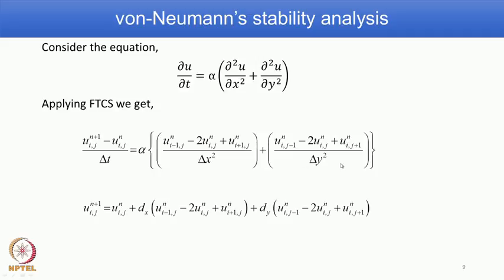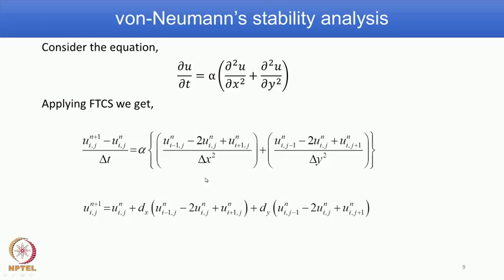Then the second term in the parenthesis is for the second derivative in the y direction, again central in space. So, you can observe u is taken from nodal location i comma j minus 1, u at i comma j, u at i comma j plus 1, again evaluated at the nth level.